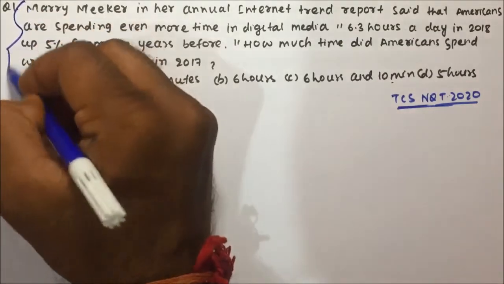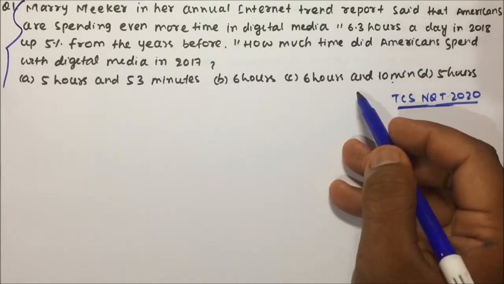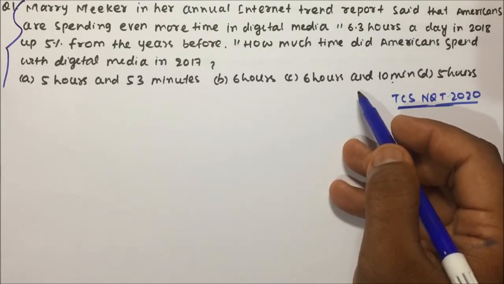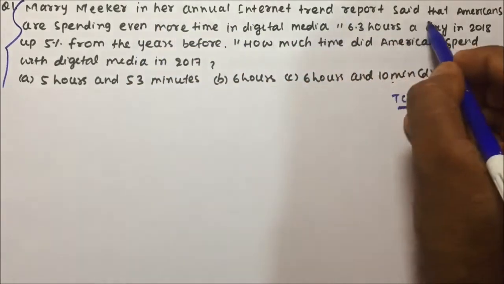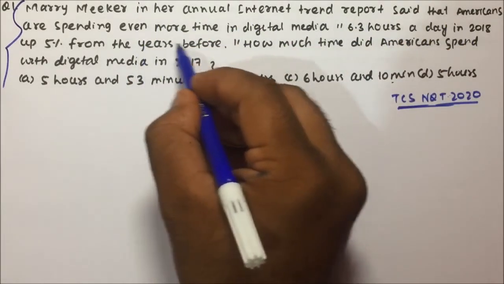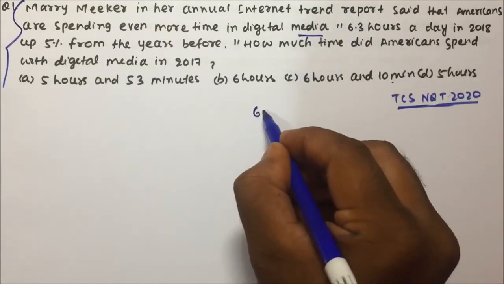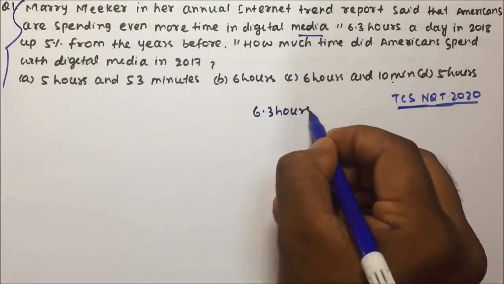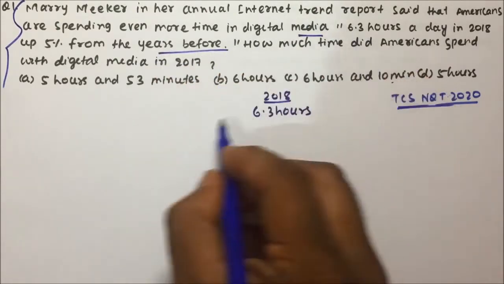So don't go and count the number of lines. The question has to be solved on the basis of the minimal data. Now let's see what is the minimum data required to solve the question. Mary Meeker in her annual internet trend report said that Americans are spending even more time in digital media, 6.3 hours a day in 2018, up 5% from the year before.